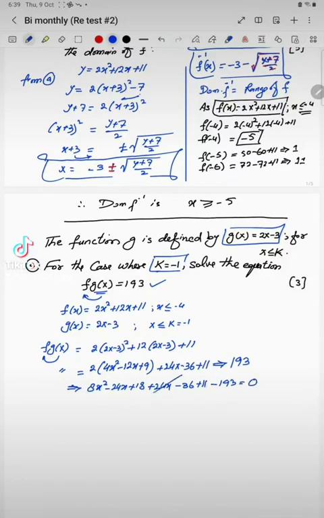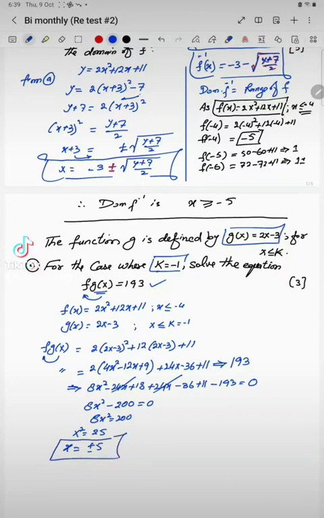So plus 24x and minus 24x cancel. On the calculator I will get 8x square minus 200 is equal to 0. So 8x square is equal to 200. So x square is 200 divided by 8, which is 25. So x can be plus or minus 5.